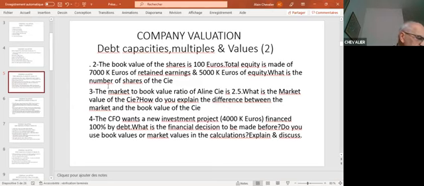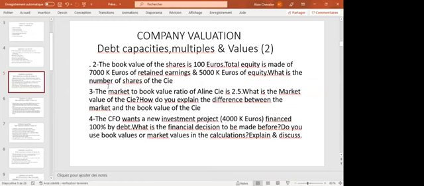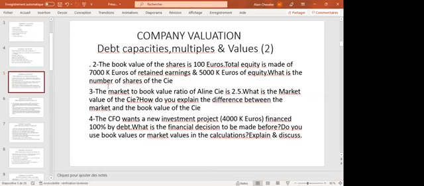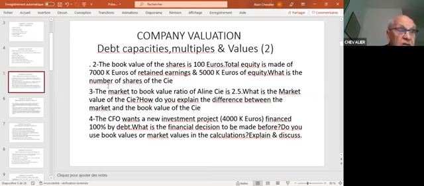Now we know that among these 12,000, the shareholders brought 5,000 in cash, and on the other hand, we have 7,000 euros of retained earnings coming from the net earnings of the years before the analysis.